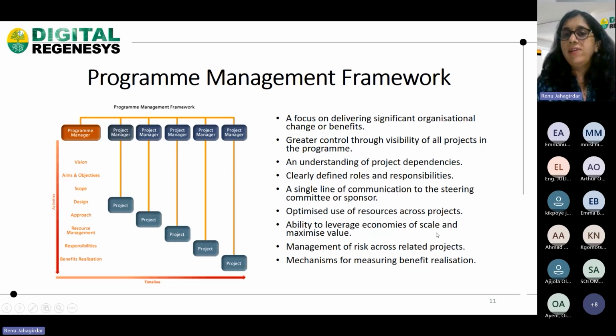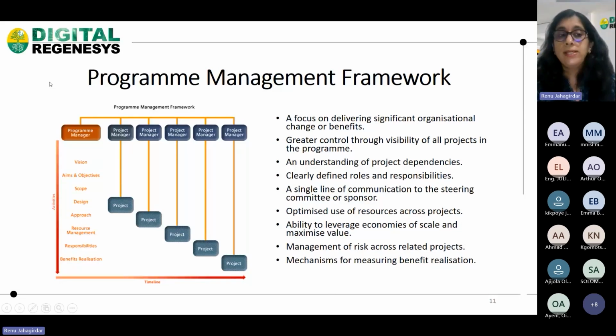A focus on delivering significant organizational change or benefits, greater control through visibility of all projects in the program, and understanding of project dependencies, clearly defined roles and responsibilities, a single line of communication to the steering committee or sponsor, optimized use of resources across projects, ability to leverage economies of scale and maximize value, management of risk across related projects, and mechanisms for measuring benefit realization.